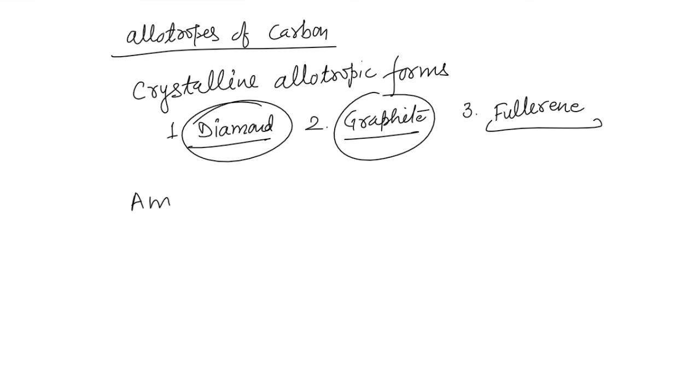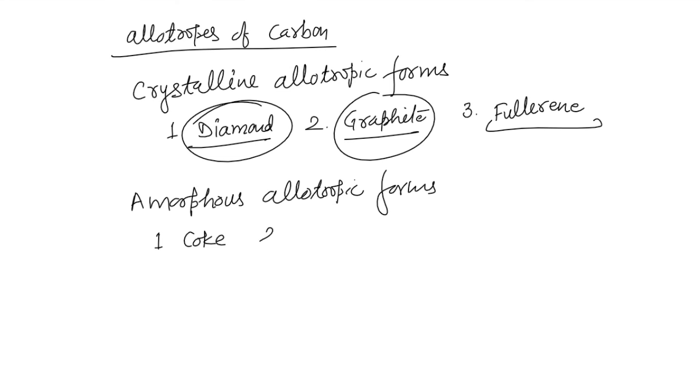And what are the amorphous allotropic forms of carbon? Yes, can you write? Just write amorphous allotropic forms. Yes, I am giving you time. Just write in the comment section. Yes, written.